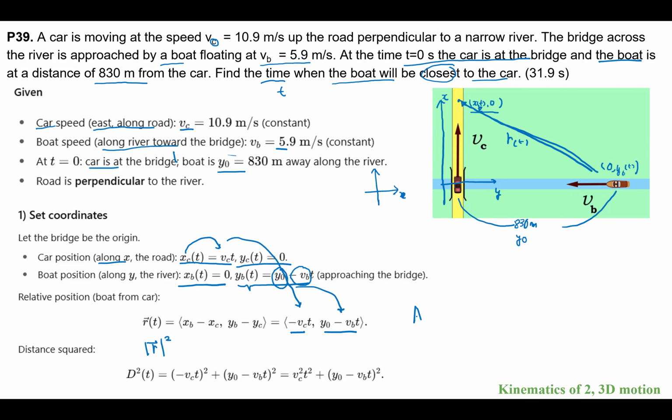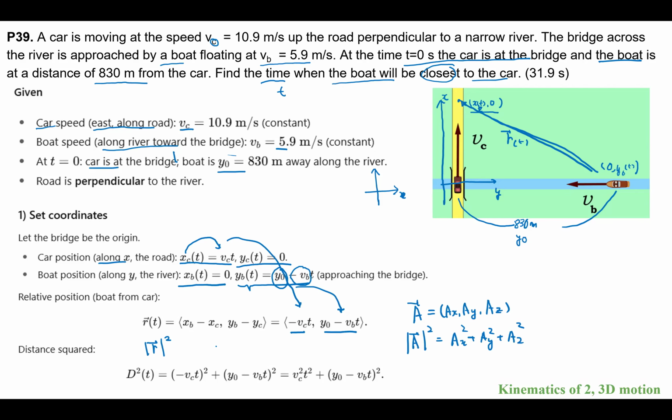Note that for an arbitrary vector A with components A_x, A_y, or even A_z, the magnitude squared is nothing but A_x squared plus A_y squared plus A_z squared. So we apply that rule here, so that the distance becomes the magnitude of the vector connecting the boat and the car. This is the R vector.